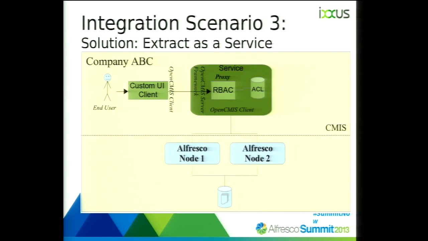Now, let's use CMIS to make this a better solution. Again, a service. We're going to extract it. We're going to still use the OpenCMIS client to talk to Alfresco here. We're going to bring in another module from Chemistry in OpenCMIS called the OpenCMIS Server Framework. That component can be used to build a CMIS server. So what you can do is actually build yourself a CMIS proxy, basically.